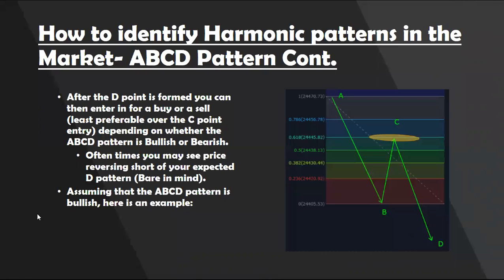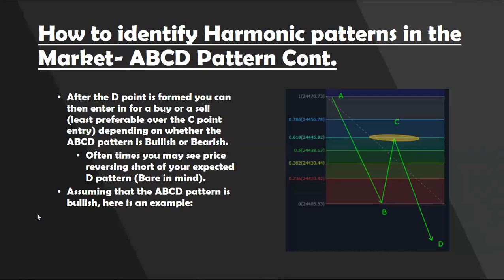Now, let's say you can't see the rest of this. Let's say price is actually right here. If price were to stop around here and reverse, well, now we have a Gartley pattern, because that will violate the rule of an ABCD pattern, which is that price usually passes the B point, and that should confirm that you have an ABCD pattern, right?